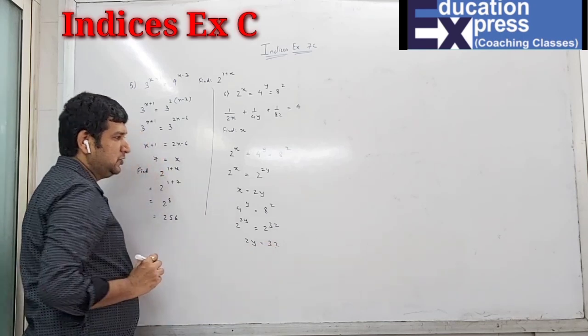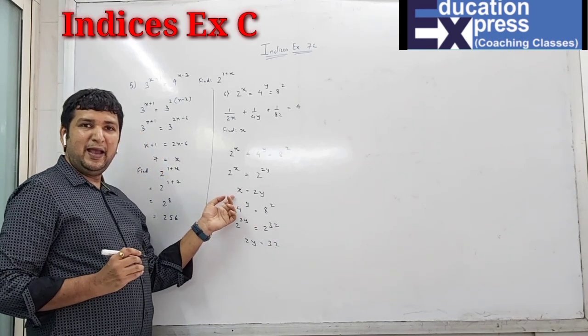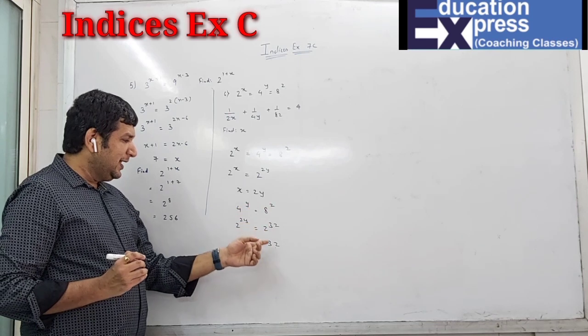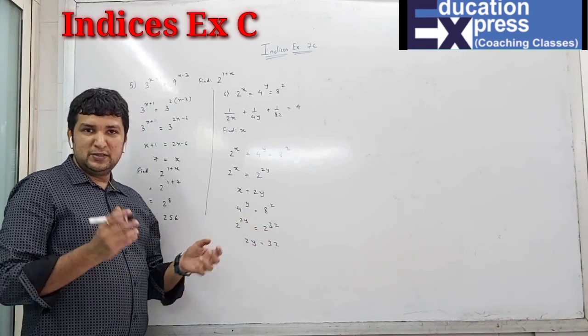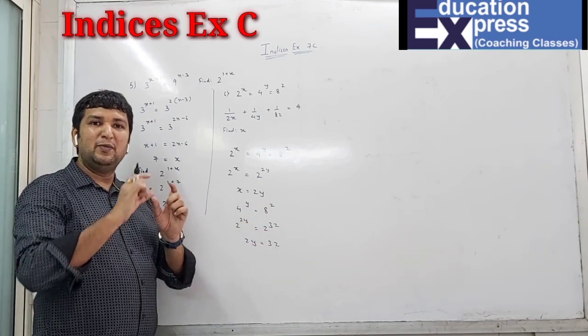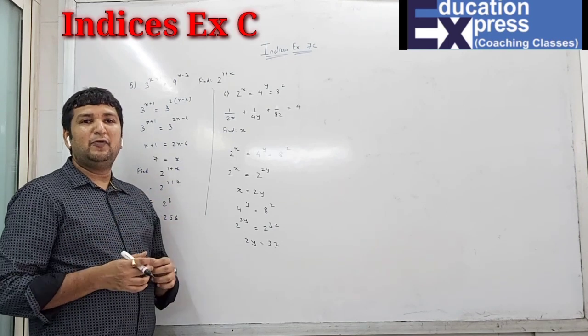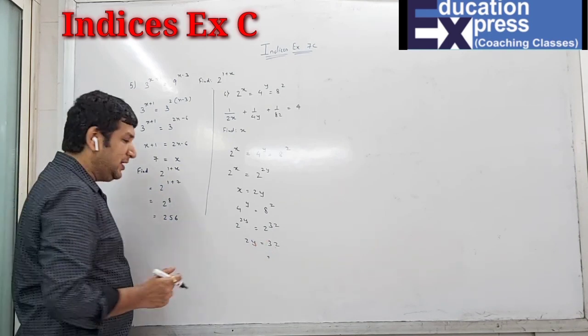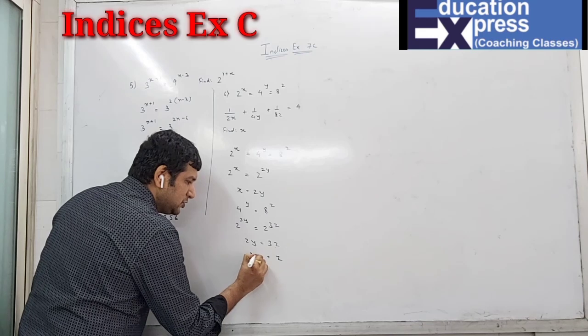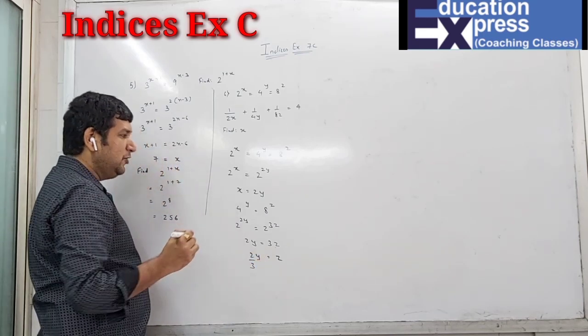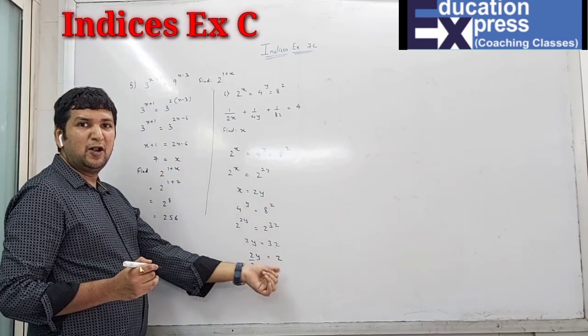So again, students, we already have X in terms of Y. Can I get Z also in terms of Y? Obviously yes, because if I get everything in terms of one particular variable, it will be easy for me to find the value. So I also get the value of Z in terms of Y. That is 2 upon 3 Y. So now you can see X is in terms of Y, Z also in terms of Y.